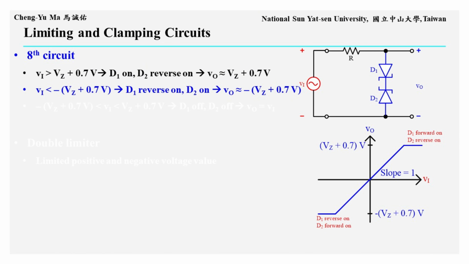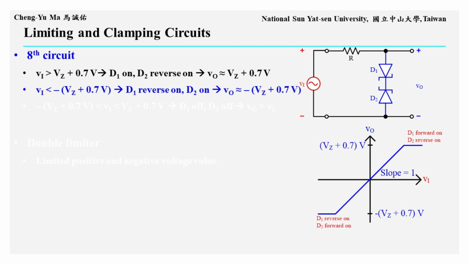Using the same idea, when VI is negative, D1 is reverse biased and D2 is forward biased. For the diode loop to conduct, D1 must enter reverse breakdown, which requires about negative VZ, and D2 must be forward biased, which requires about negative 0.7 volts. Therefore, both diodes conduct only when VI is less than negative the quantity VZ plus 0.7 volts.